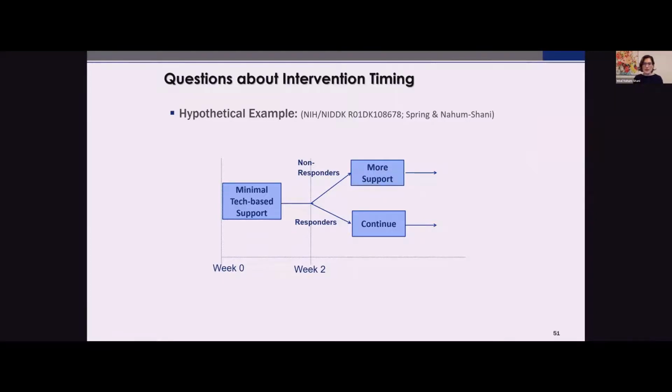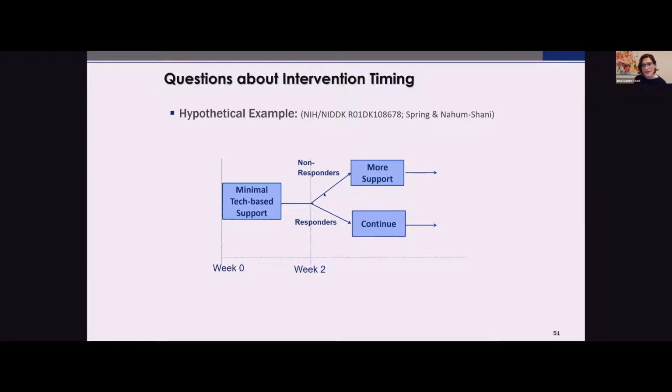But this study is different, and this is a simplified version of a more complicated study. But let's assume that what we want to do is start with minimal technology-based support. The first thing that I want to do for participants is give them a technology-based component that involves relatively low cost and low effort.